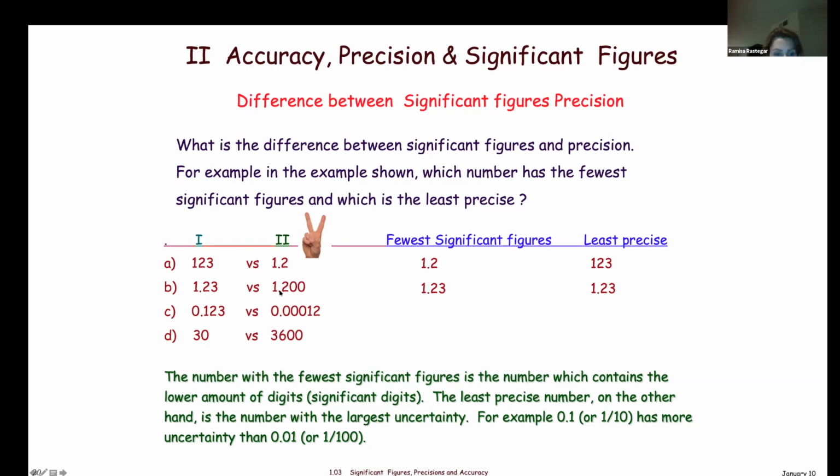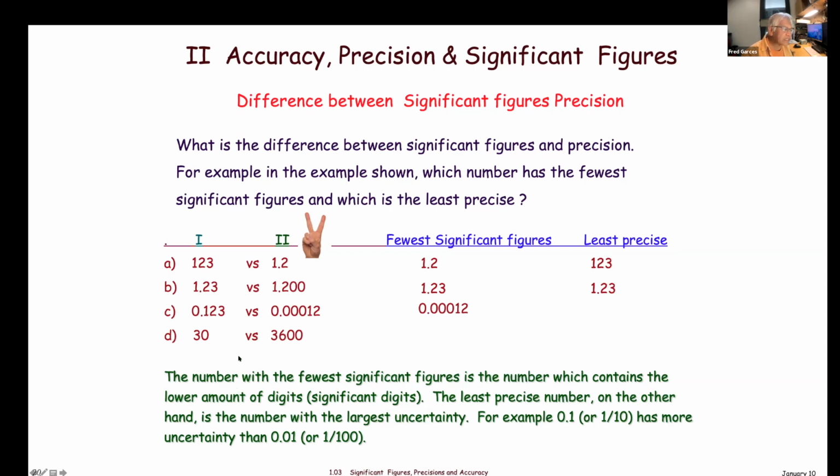Okay, let's take a look at this next one. Which one has the fewest significant figures? It's going to be 0.0012. That only has 2 significant figures. Remember the Pacific rule? You draw a line from the Pacific all the way to the first non-zero number, the 1, and all digits after that, the 1 and 2, are significant. This has 3 significant figures.